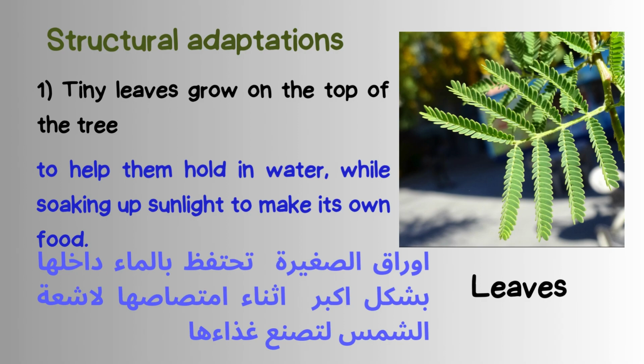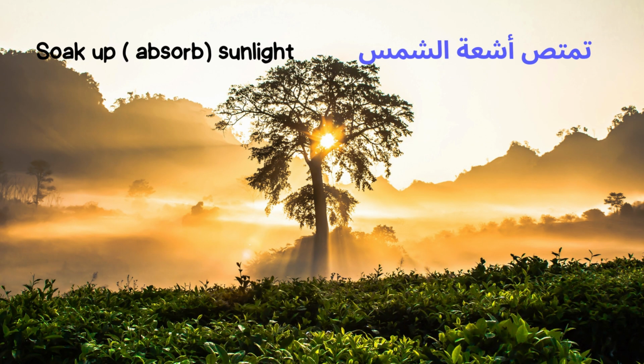To help them hold in water, to not lose water, while soaking up sunlight to make its own food. You know that the plant needs sunlight, water, and air to grow and survive. So when we said soaking up sunlight, it means absorb sunlight, okay?